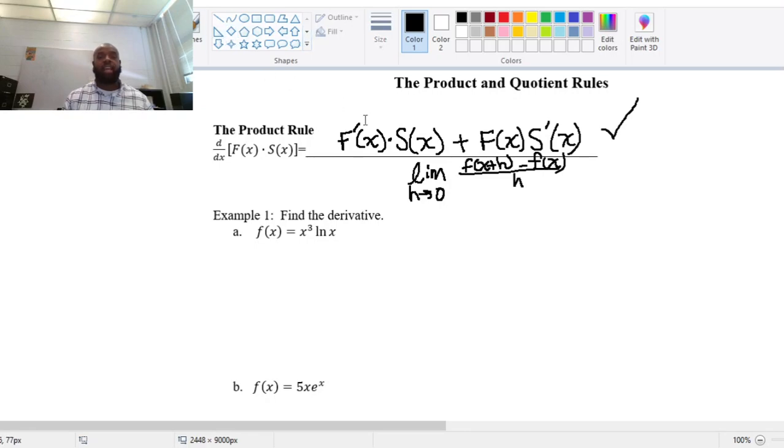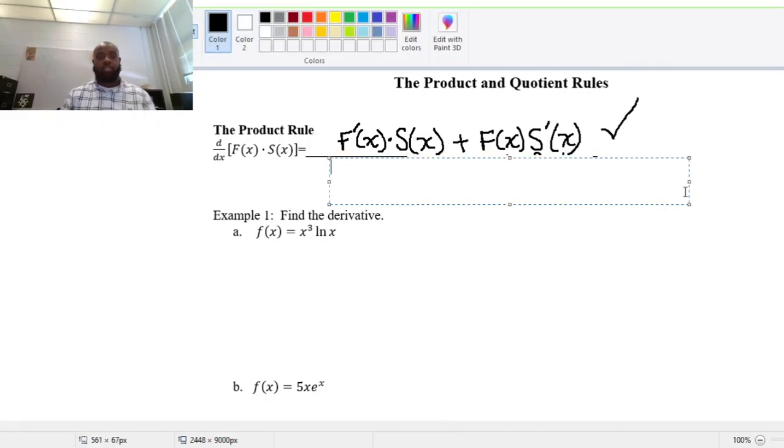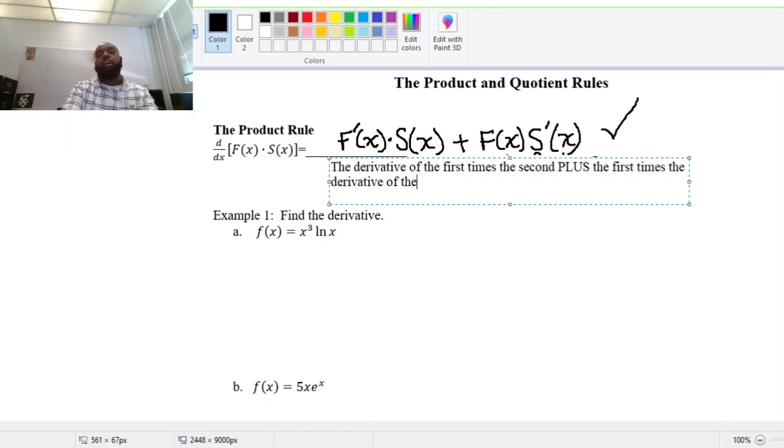Let's actually write that out. I'm going to remove this part, and we're going to write this out like in a statement. It's the derivative of the first times the second plus the first times the derivative of the second, right?